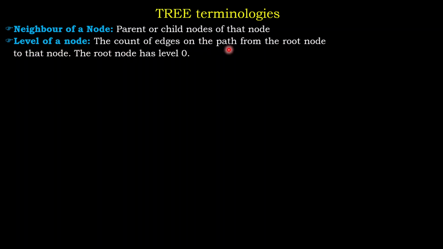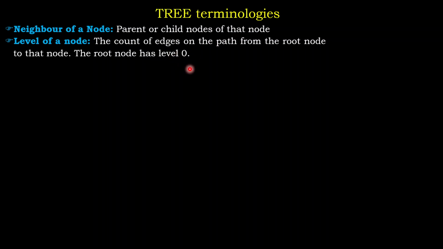And level of nodes, I have actually shown you in my graph. The topmost is level 0, and the root is always level 0. Sometimes we can find level 1 also, but by default we use level 0, level 1, level 2, level 3 as the different levels.